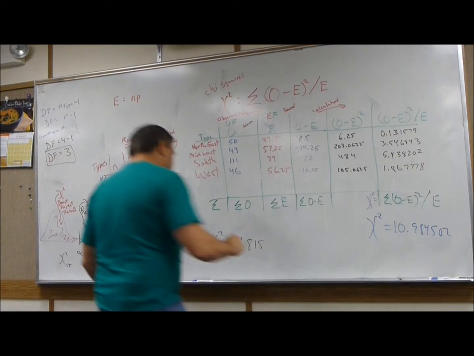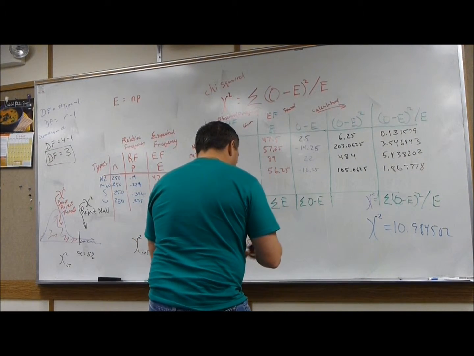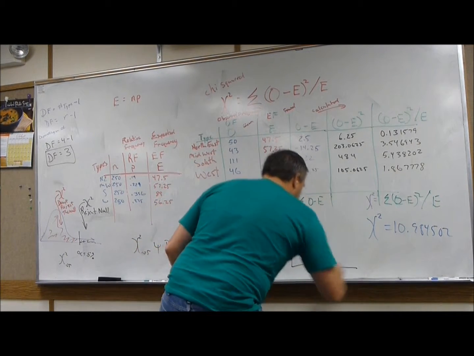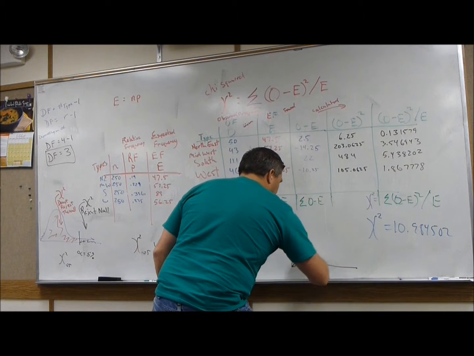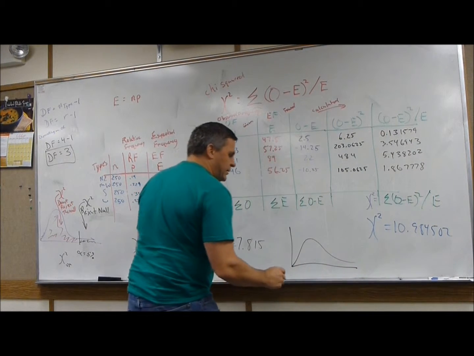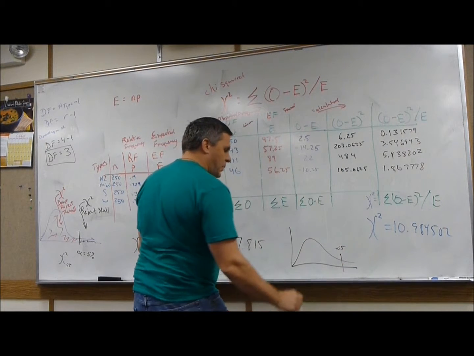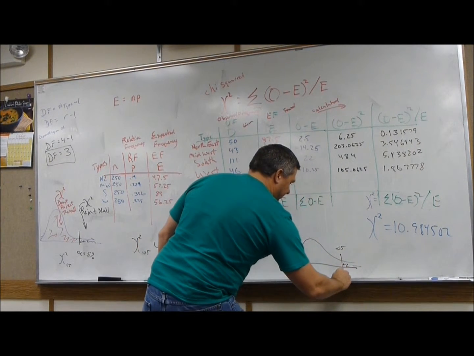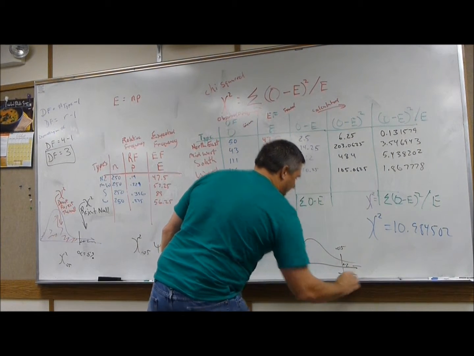So at this point on this graph, I have this chi-square piece out here, and out here at 0.05 is going to be a value of 7.815.